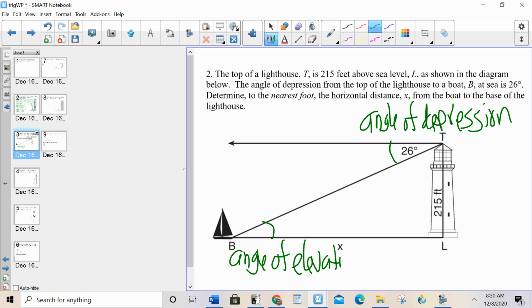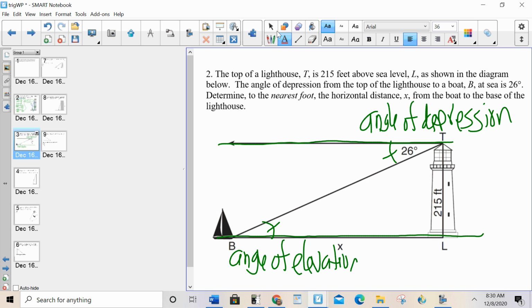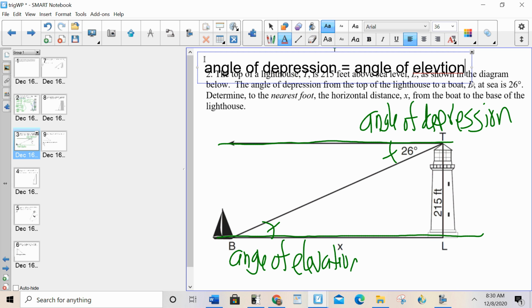Now, since the horizon, that's what we call this when you look straight out, the horizon is parallel to the ground, it makes these alternate interior angles, which makes them congruent. So basically, what you need to know, and again, this is probably the one thing that's new for this lesson, is the angle of depression equals the angle of elevation.